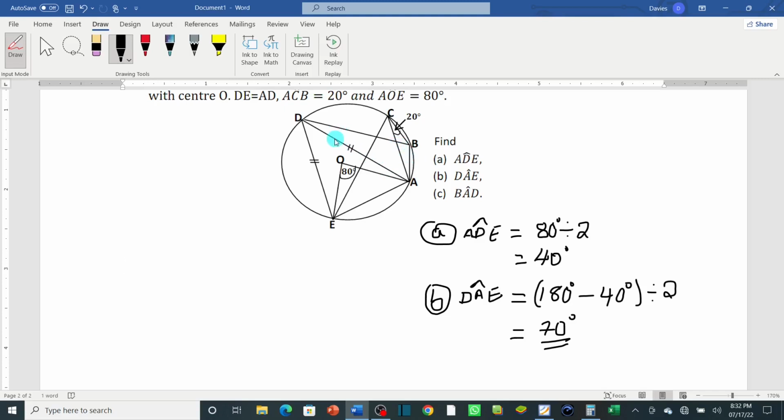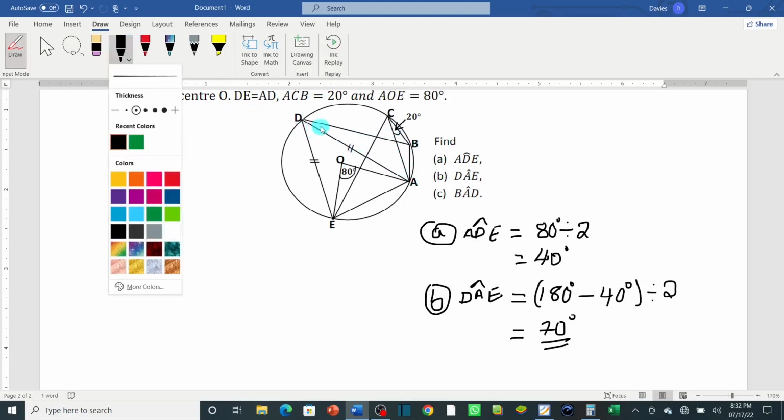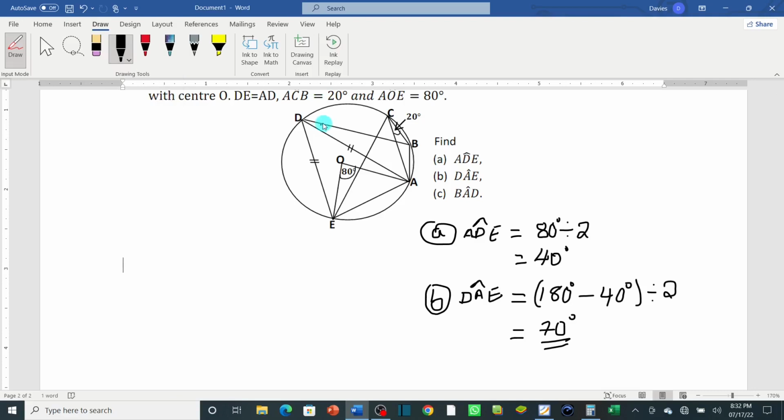However, it will be simple for us to know some of these angles, because when you check, here we have this line going like this. This is the same arc here. We have this line going like this, making this angle 20, and this same line going like this. So this angle and this angle are equal. So now we know that this angle also is 20.